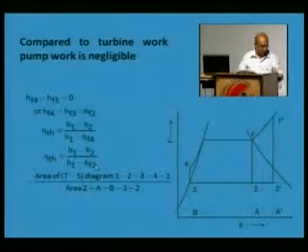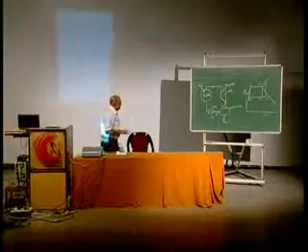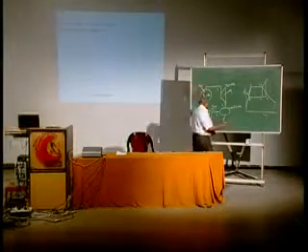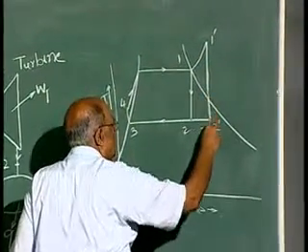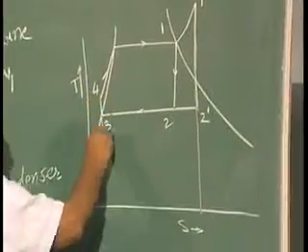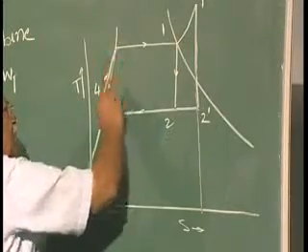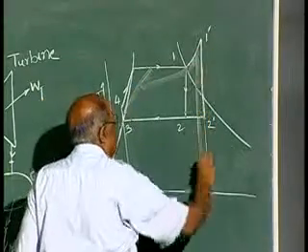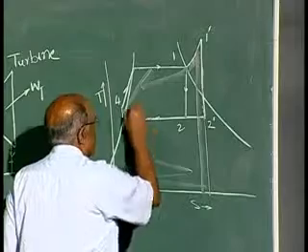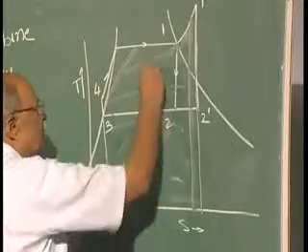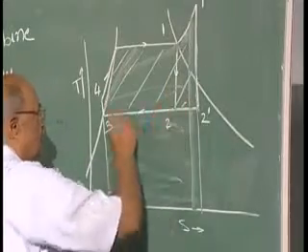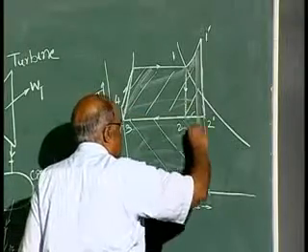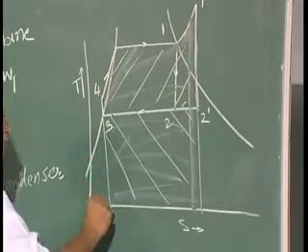So, this is the thermal efficiency of the turbine, and it can be said that the net heat supplied is the area under the curve. If we extend this, this is the total amount of heat supplied in the cycle. This area is the heat supplied, and this area is the work done in the turbine, and this is the amount of heat rejected in the condenser.